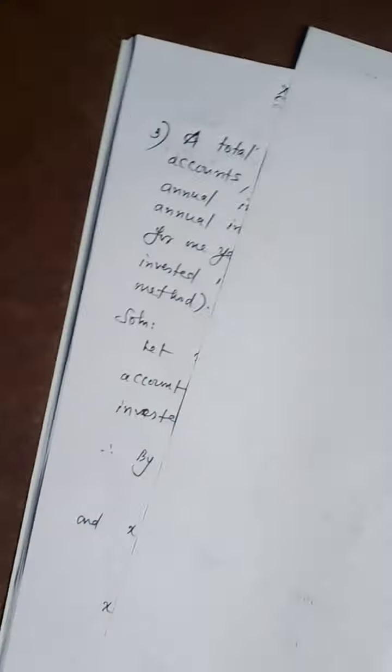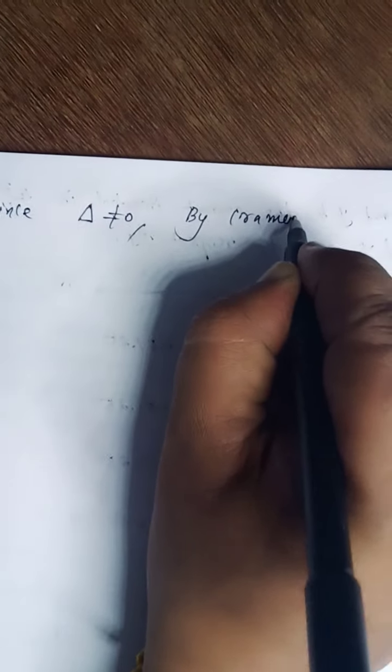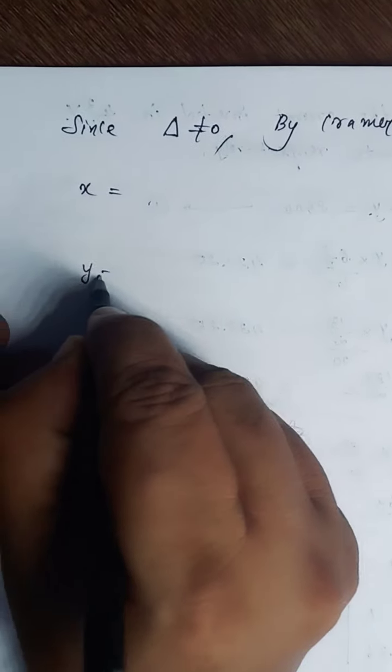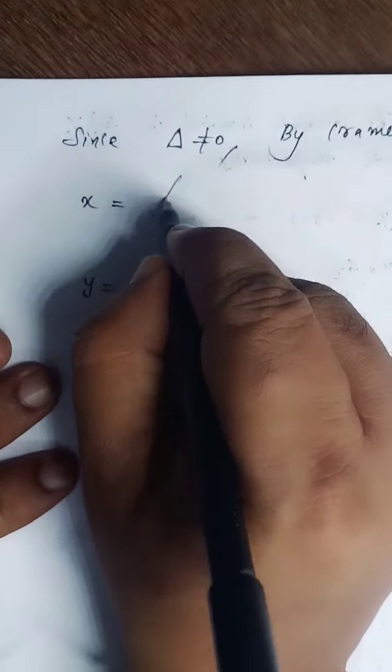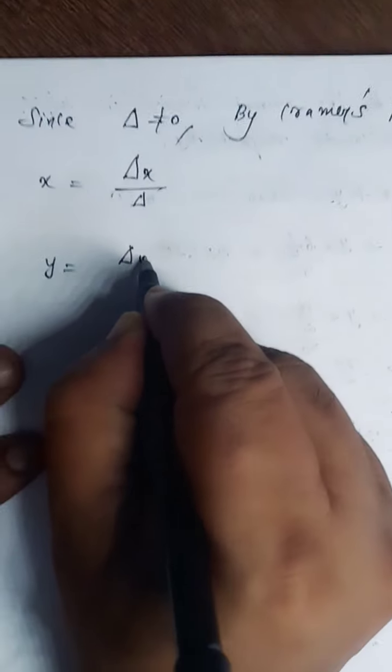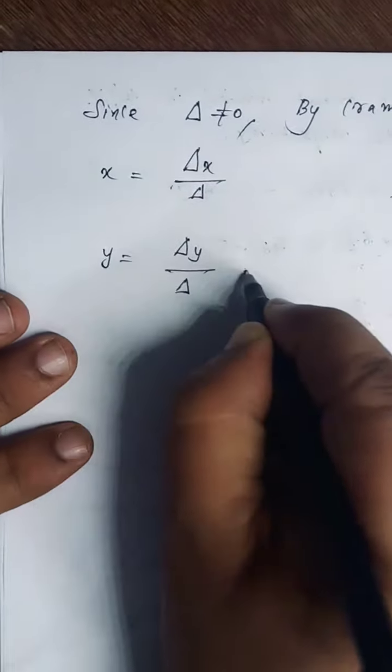Now since delta is not equal to 0, by Cramer's rule, we can find x and y. X, that is equal to del x by delta, y, that is equal to del y by delta.